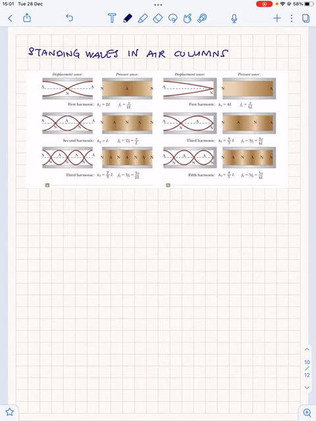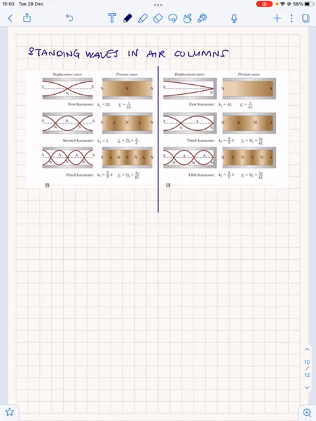We have columns, and these standing waves are actually sound waves. As we can see here, we have two types of system. The first one on our left, figure A, is the system open at both ends, and another one in figure B at our right is the system closed at one end.